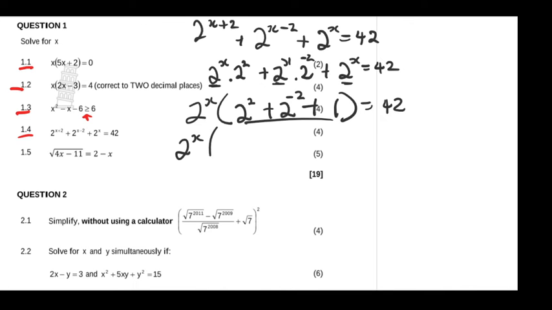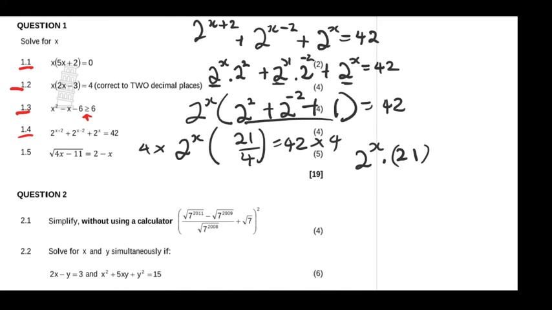So it's 2 to the power of x into, what I got is 21 over 4, right? Equals 42, right? So I'm going to cross multiply, meaning I multiply by 4 on both sides. Then I have 2 to the power of x, multiplied by 21, equals 42 times 4. Then I divide by 21. I have 2 to the power of x equals 42 times 4 over 21.